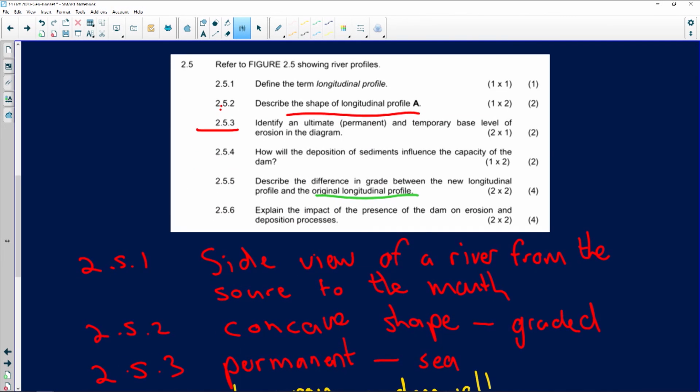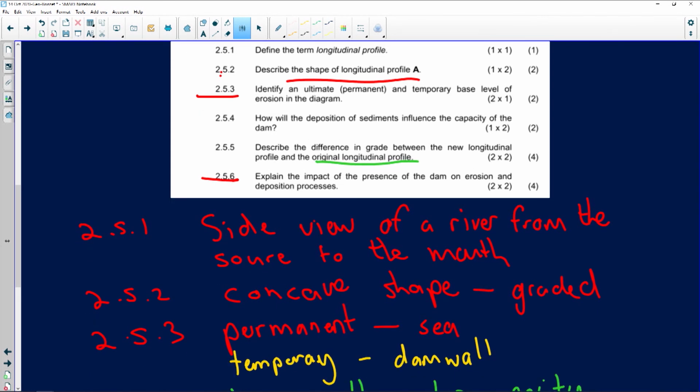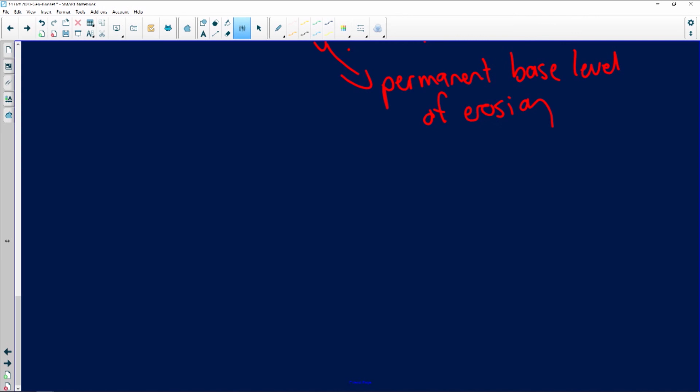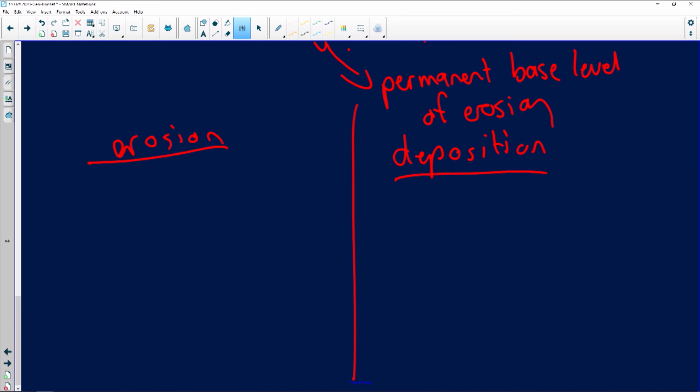Okay, let's just quickly have a look at our next question. 2.5.6, explain the impact of the presence of the dam on erosion and deposition. Okay, I like this question because erosion and deposition are two different things. So, what impact is erosion going to have and deposition going to have?